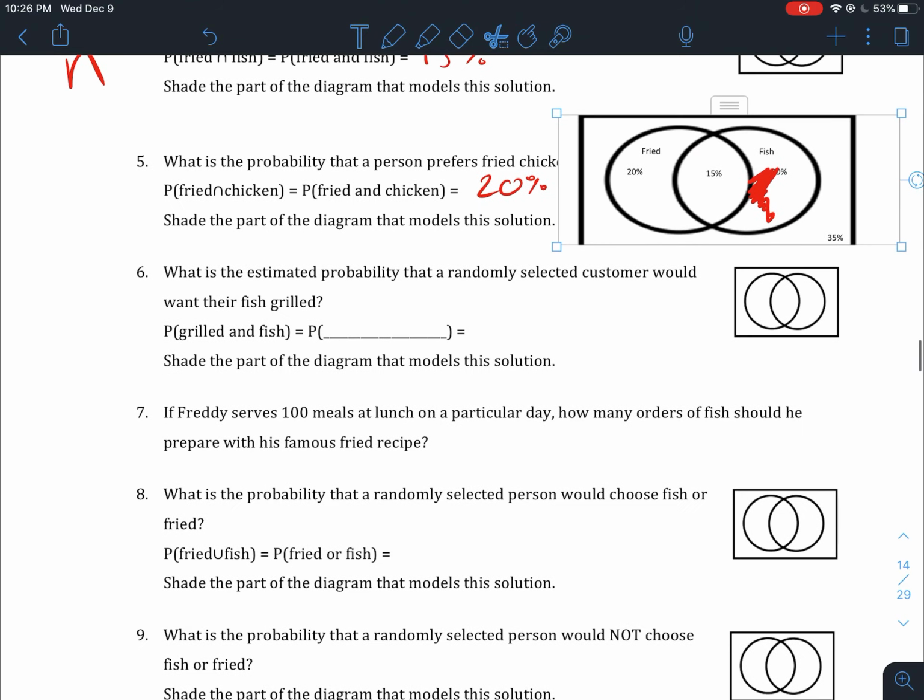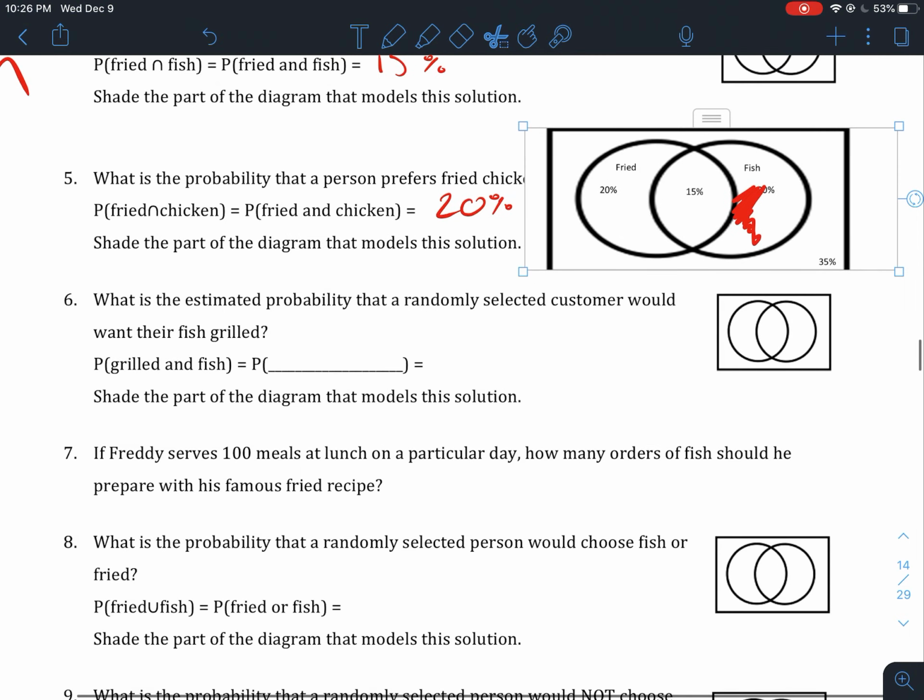Next, what is the estimated probability that a randomly selected customer would want their fish grilled? Again, this entire circle represents fish. This part here represents fried. So this portion must represent grilled fish, and that's going to be 30%.